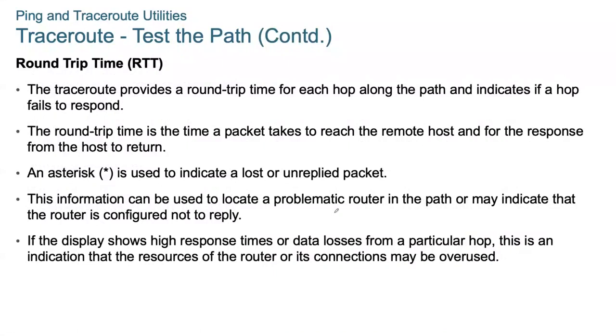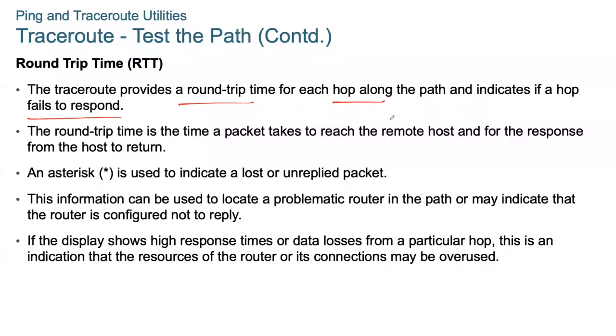In this, the round trip time, whether it is your ping or your traceroute, plays an important role. The traceroute provides the round trip time for each hop along the path and indicates if a hop fails to respond.